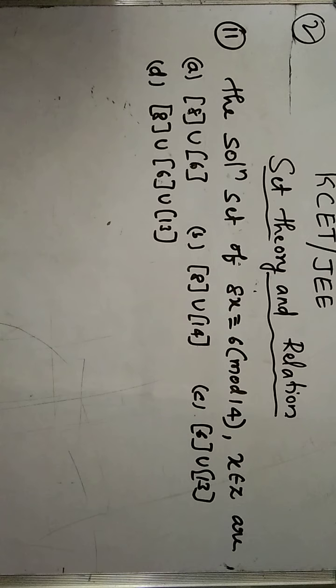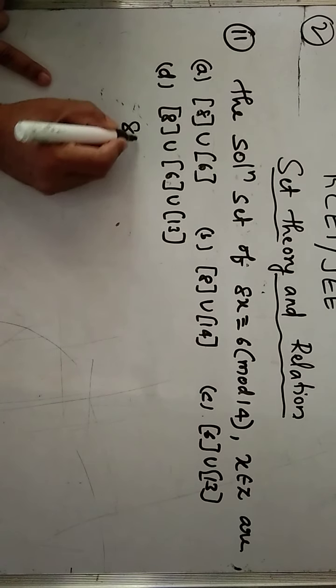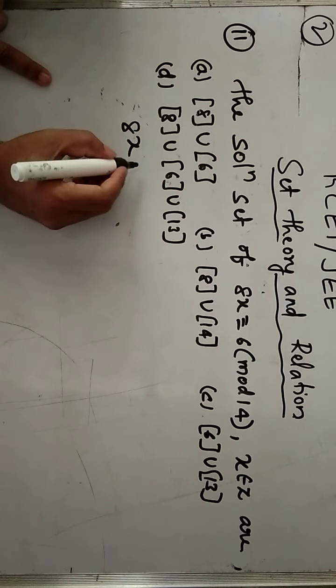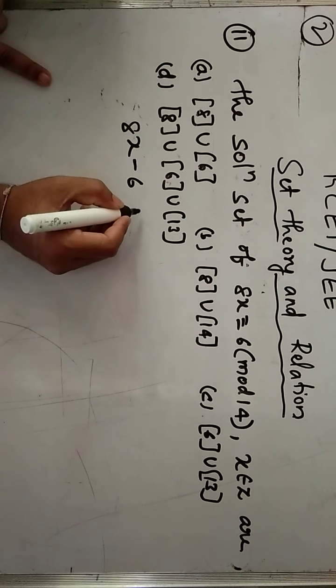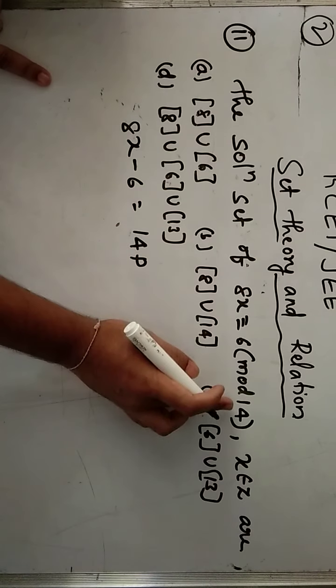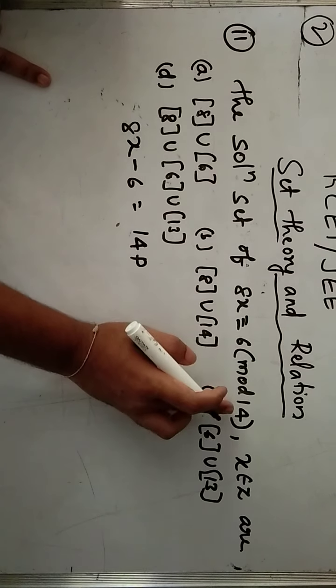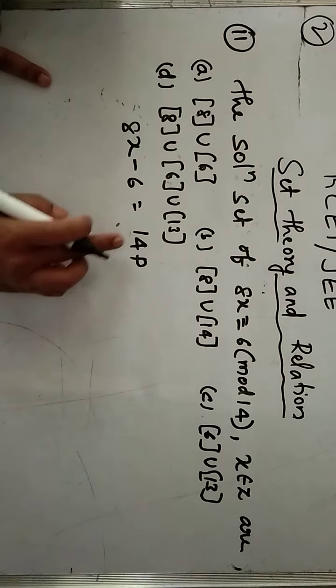Okay, now let me see. I will take 8x, and 6 I will take this side: 8x minus 6 is equal to 14p. Mod 14 is nothing but 8x minus 6 is divisible by 14. That is the mod meaning. Now that is 14 into p.